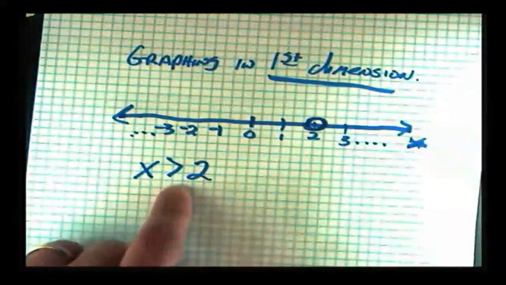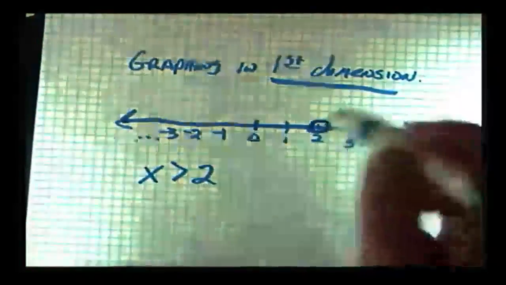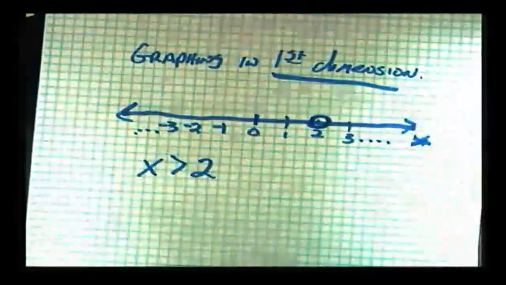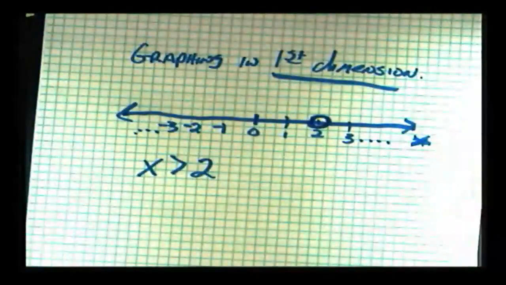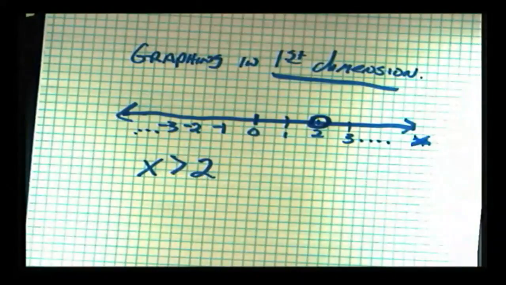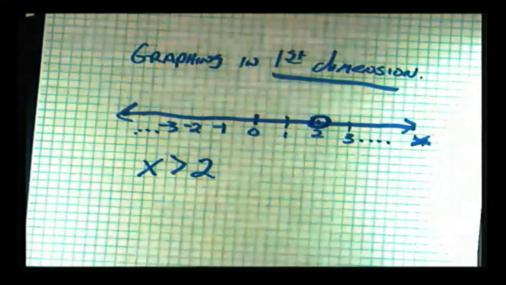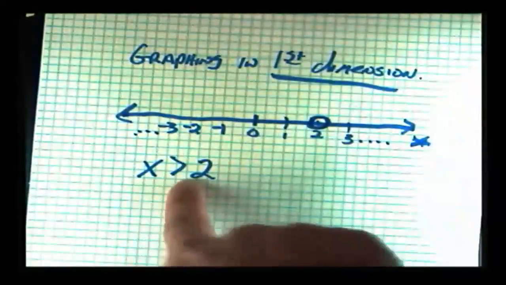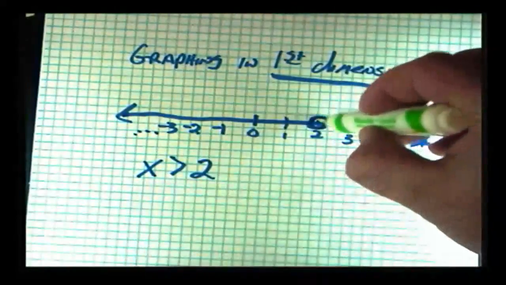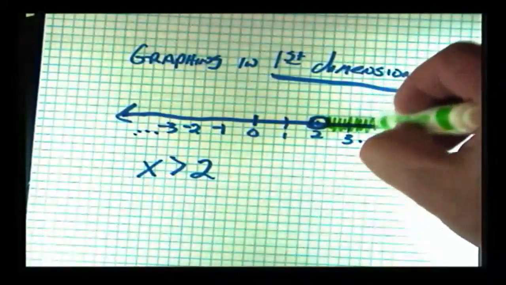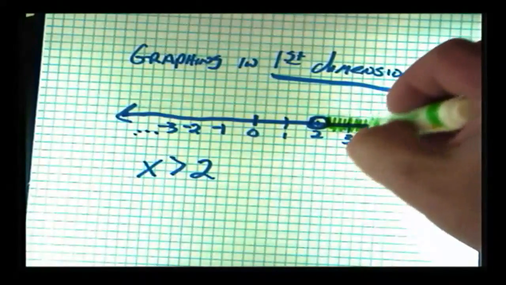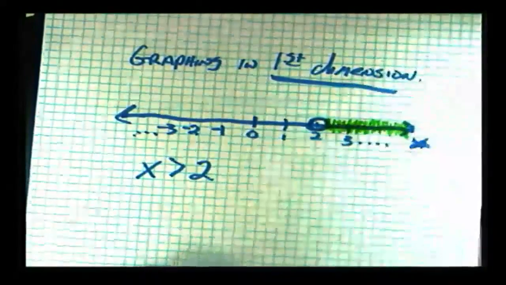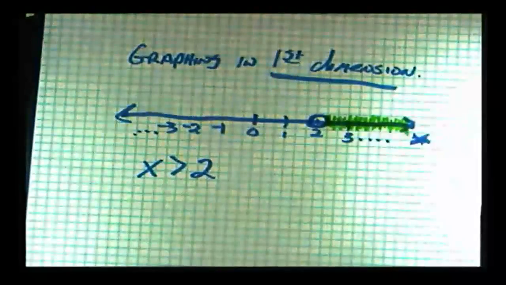And what this is saying in my graph is that I'm getting everything as close to 2 as I can possibly get, but I'm not actually touching 2. And then of course I'm going to shade the region of my graph where x is greater than 2. So I have the open dot for the strictly greater than, and I shade this way because 3 is greater than 2 and 4 is greater than 2.